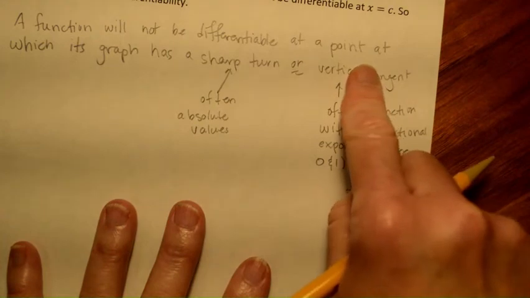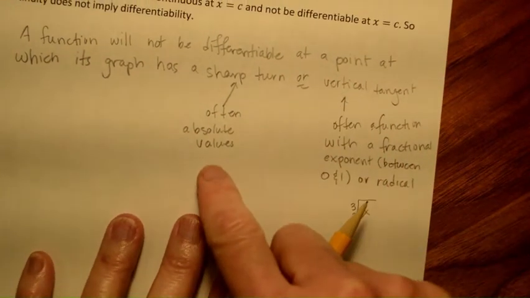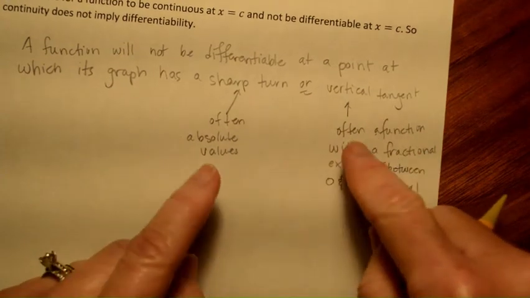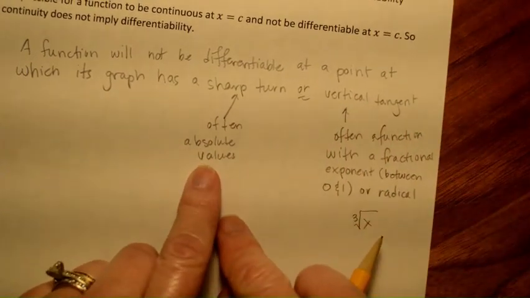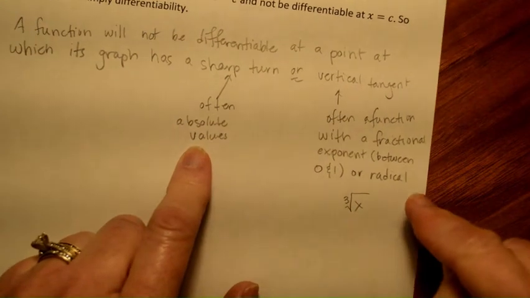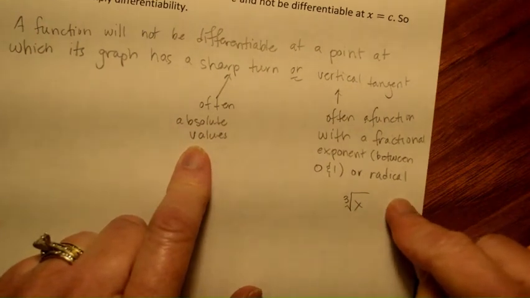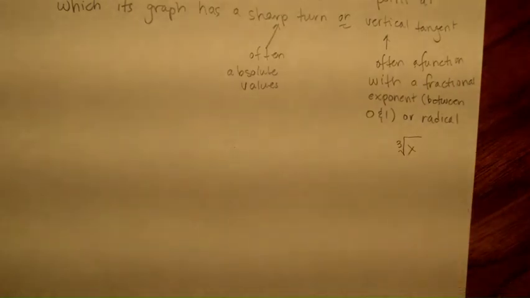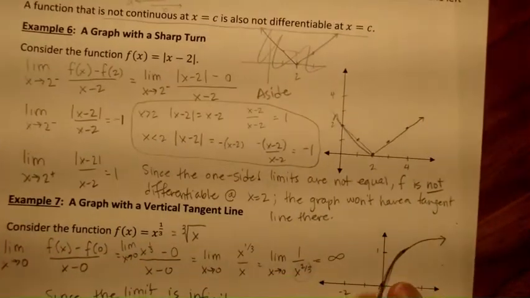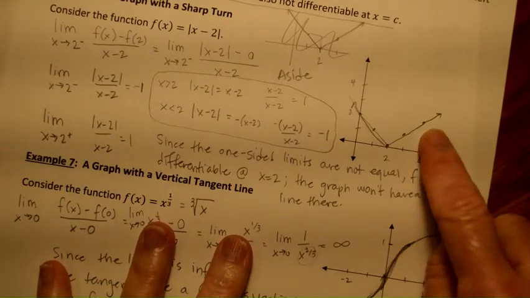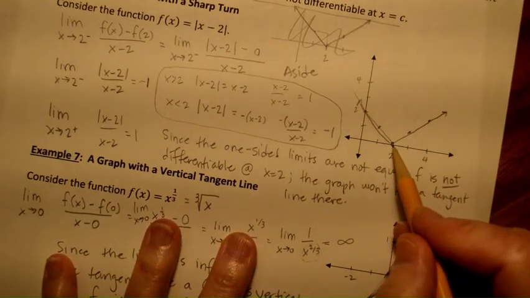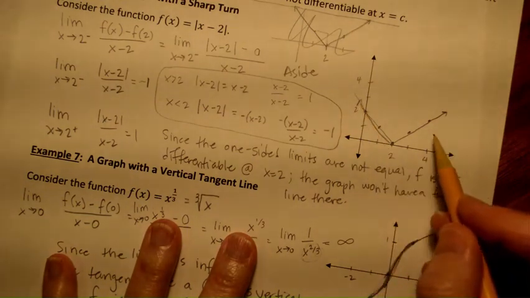So when we run into a function that's not differentiable, or if we're wondering if a function is not going to be differentiable, two things that should set your spidey senses off are: does it have an absolute value in it, and does it have a vertical tangent line? Now, let me just say one more thing. If I looked at this and I was asking, is this function differentiable at 4? Well, yeah, that's not the problem spot. So don't be tricked into thinking this is going to be not differentiable everywhere.